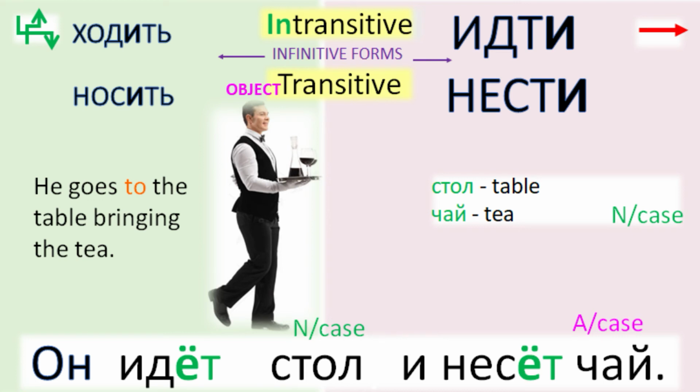Стол. He goes to the table, so you need to decline Стол to show that he goes towards the table. К столу is in the dative case. Он идет к столу и несет чай.